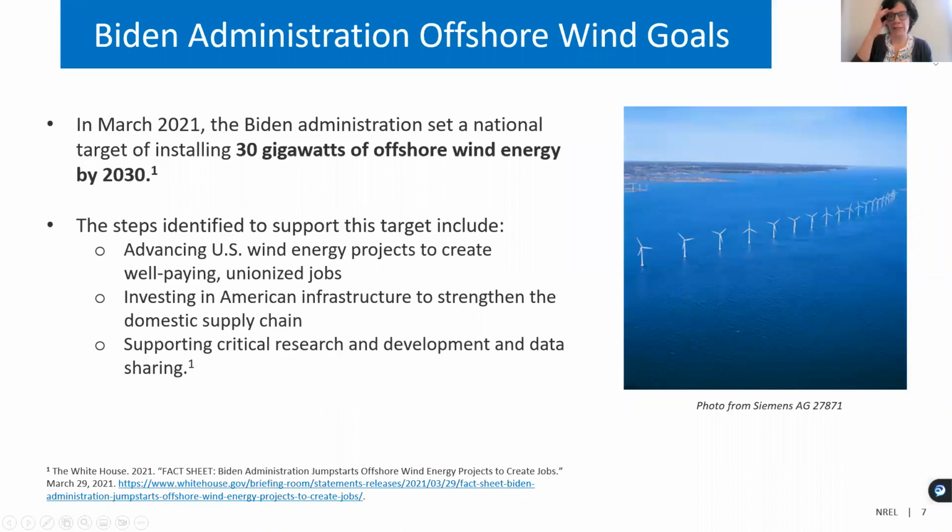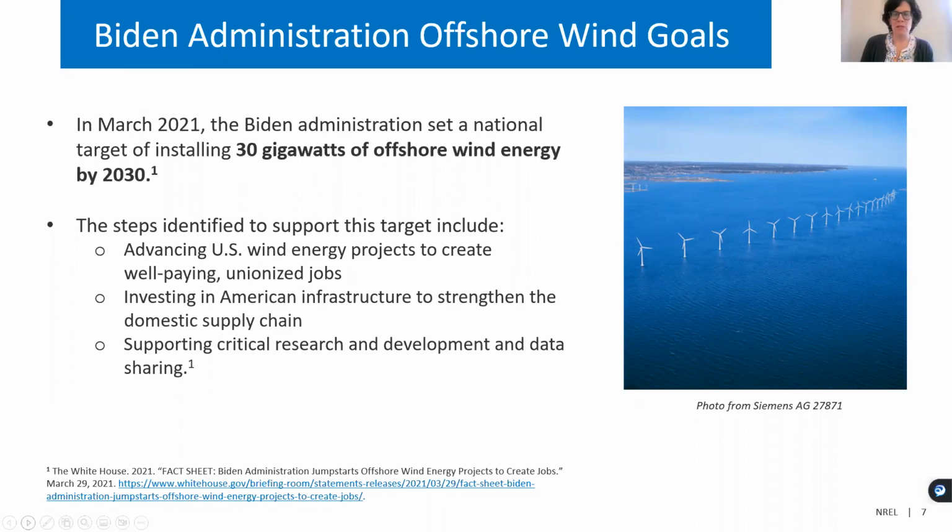But to try to accelerate this activity even further, in March of '21, the Biden administration set a target of installing 30 gigawatts of offshore wind by 2030. In order to reach this target, the administration made commitments to set milestones to increase the pace of lease sales and permitting in order to create well-paying and unionized jobs.